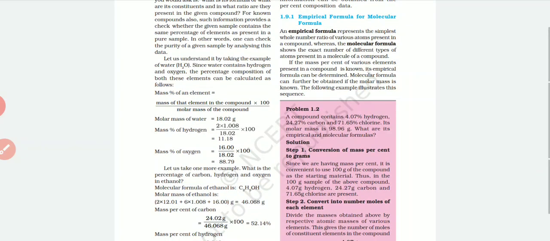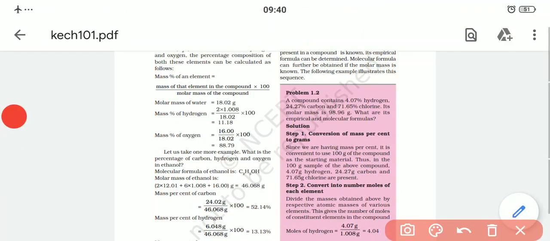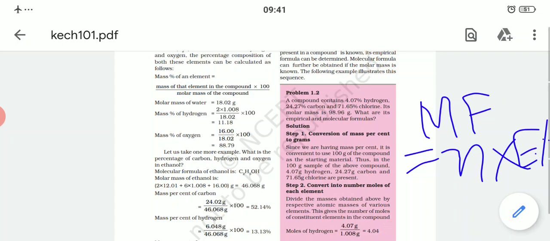Now there is a numerical on empirical formula and molecular formula. Problem 1.2: how to generate empirical formula and molecular formula. So always remember, molecular formula is equal to n into empirical formula.